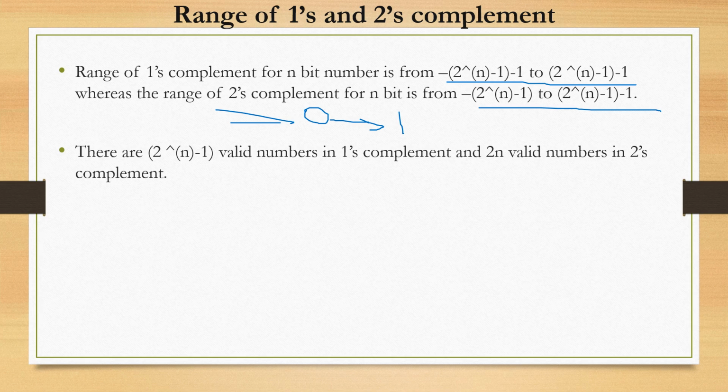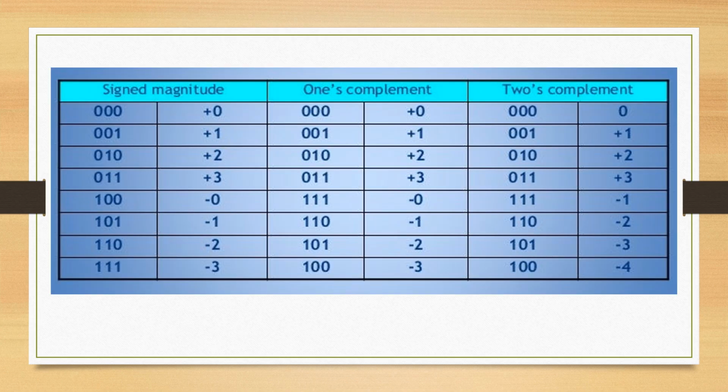Okay, just because in twos complement the representation of 0 is only one, that is called unambiguous. So here you can see that the representation of 0 is unique in twos complement, whereas in a signed number system the representation of 0 is different. Positive 0 is represented using 000, and minus 0 is represented using 100.